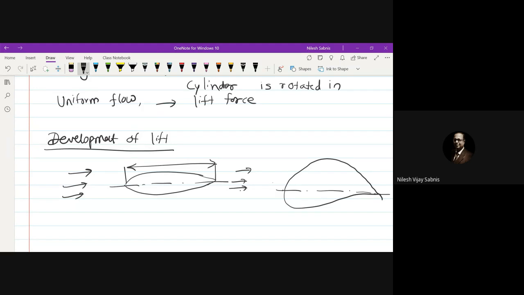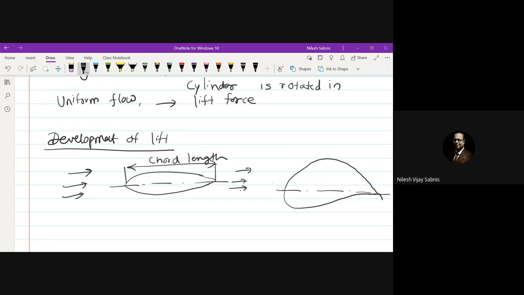It is called the chord length, and it is denoted by C. And it has an angle of attack.